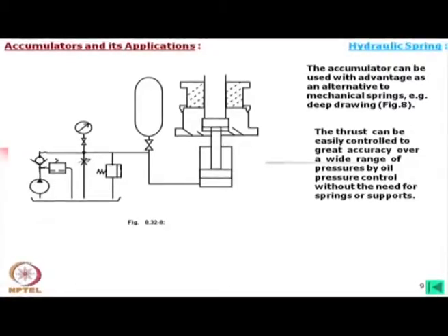Only it can take a certain amount of load, depending on how much compression is possible, up to the failure of course. In this case, you can change the stiffness or spring constant, because you can increase the pressure of the system by regulating the pressure, and your accumulator is selected accordingly.